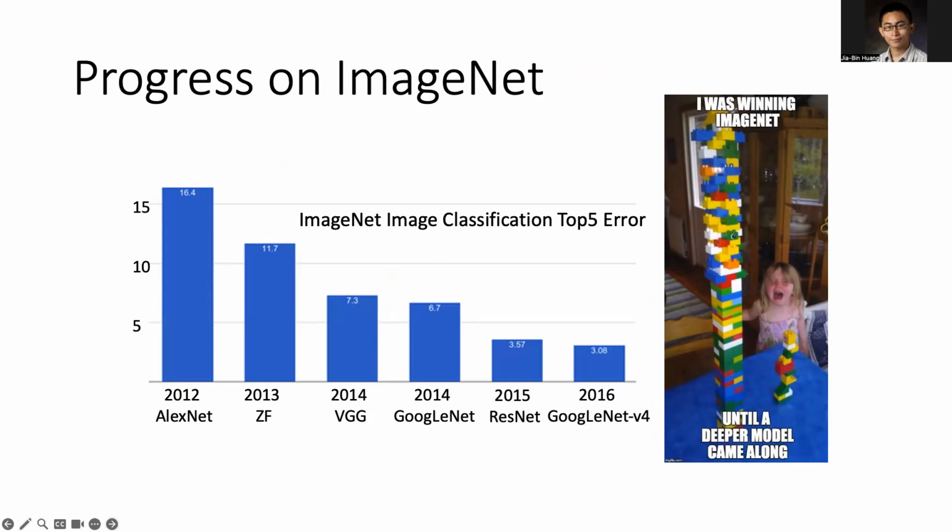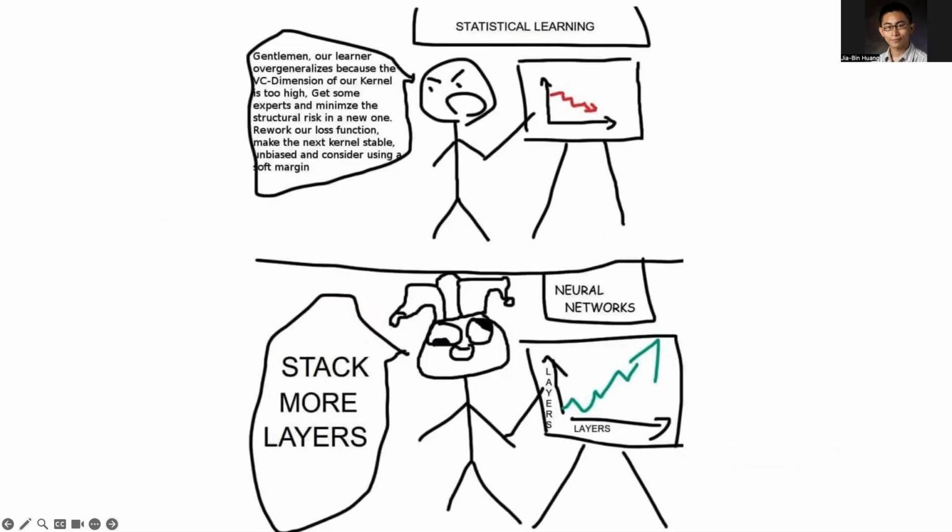So I found this meme, like "I was winning ImageNet until a deeper model came along." And a lot of time, it's basically just finding a way that can scale up the training, scale up the model. So this is kind of a joke for traditional machine learning people. Traditional machine learning people need to do serious work, and deep learning people just stack more layers.